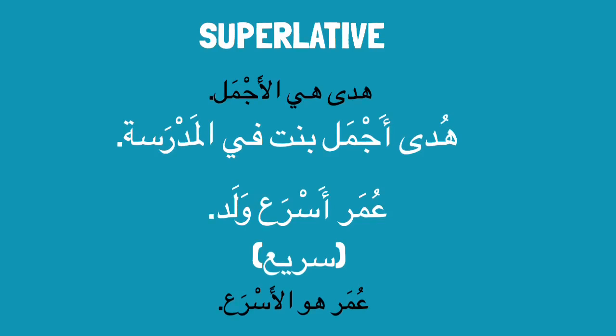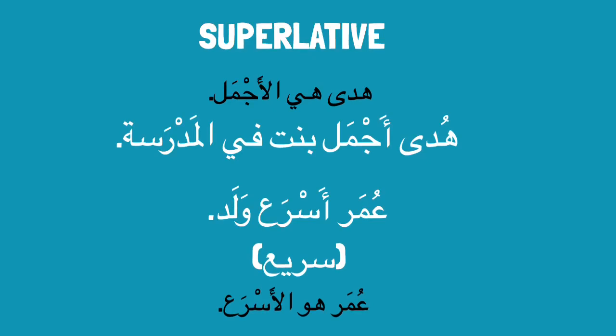Now the second sentence, هدى أجمل بنت في المدرسة. I used أجمل again, but here I said bint, أجمل بنت, to say that she is the most beautiful girl. If I say هدى أجمل and stop, then it might be comparative, right? So that's why here I'm saying هدى أجمل بنت في المدرسة, the most beautiful girl at school.